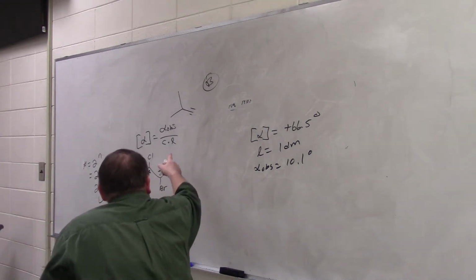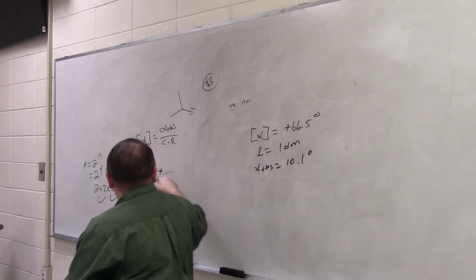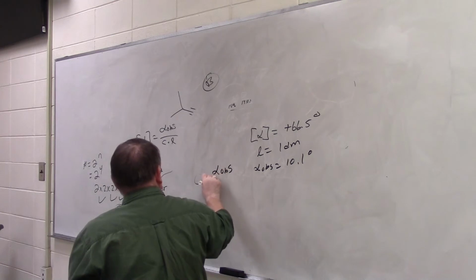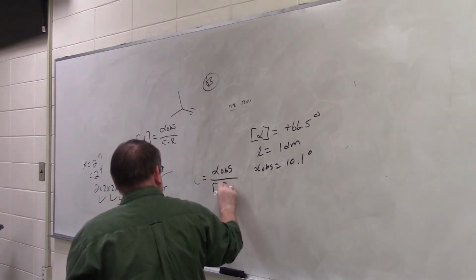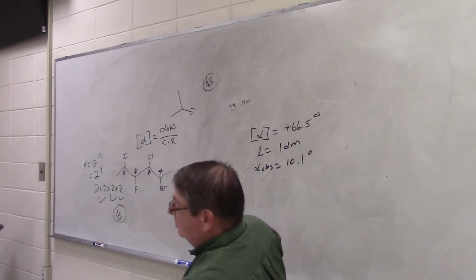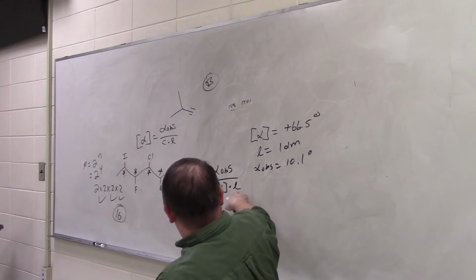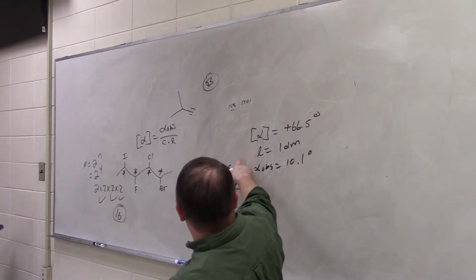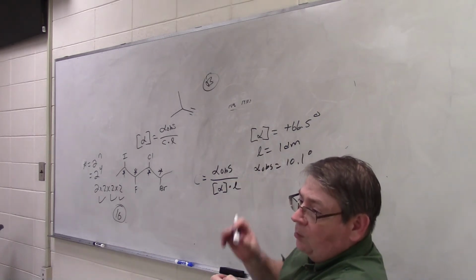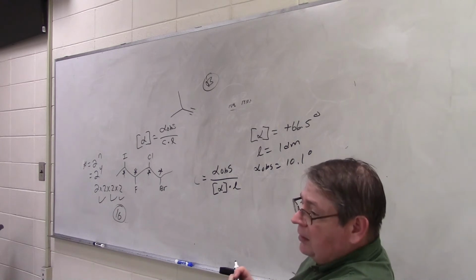Well, I'm going to use this equation, right? I'm looking for C. So C is equal to alpha observed divided by alpha times the length, right? So that's 10.1, that's 66.5, and that's 1. So it's just 10.1 divided by 66.5, whatever that comes out to on your calculator. Just take 10.1 and divide it by 66.5 and you get the answer.